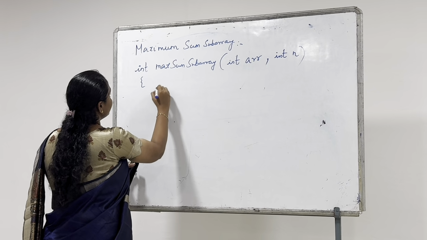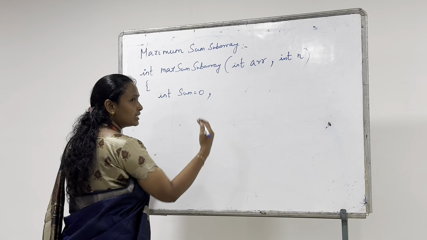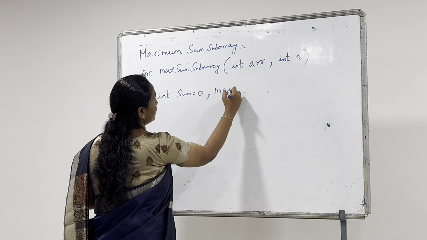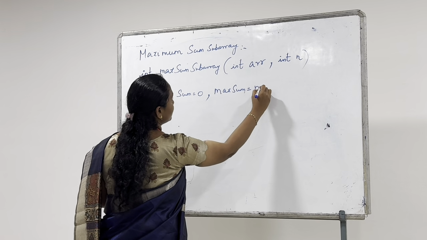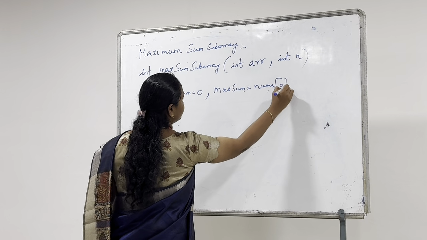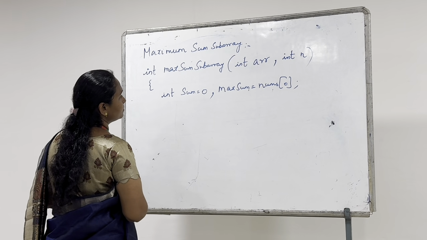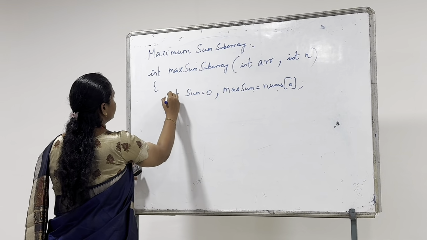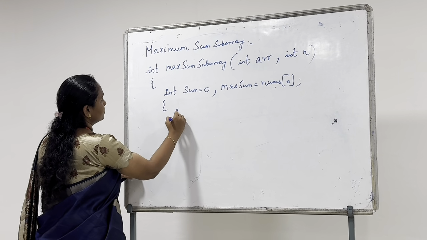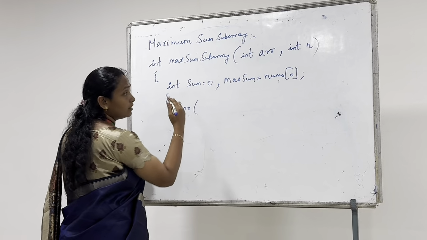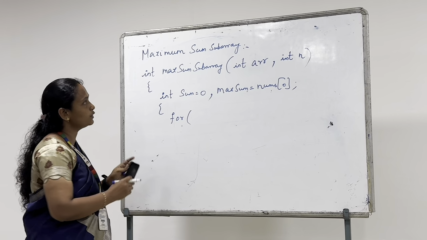Okay. So we need to declare the sum as 0, and also we need to find the maximum sum, which is equal to nums of 0. It is a straightforward or naive approach, or we can say it is a brute force approach of solving a problem.